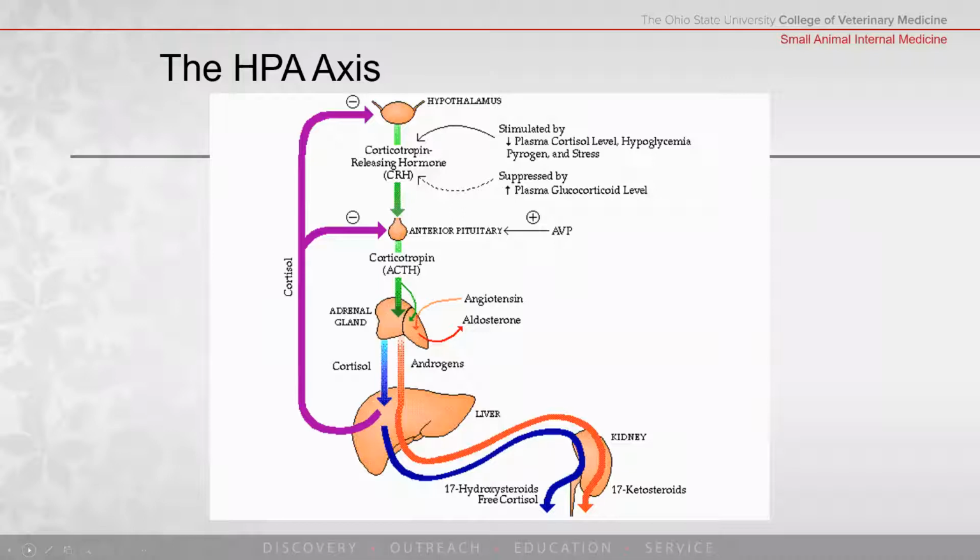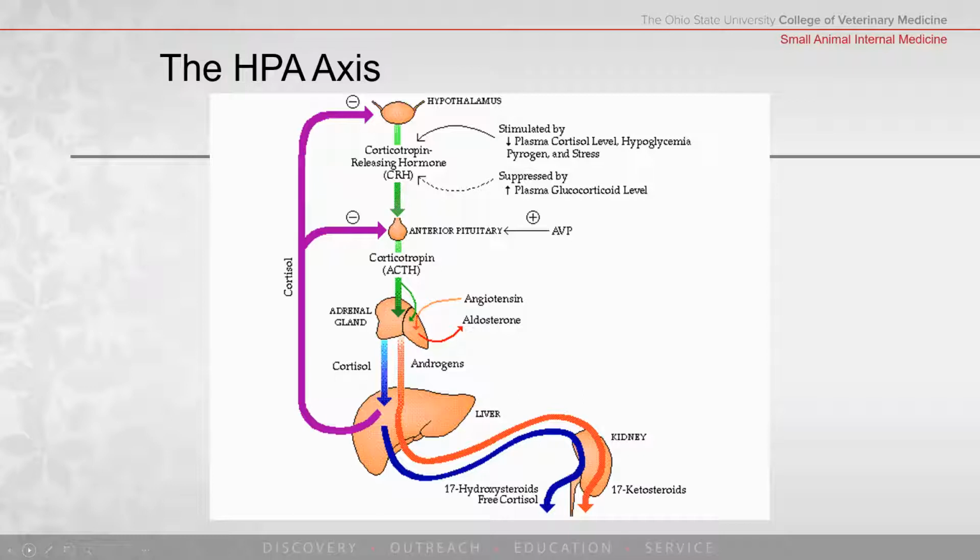The HPA axis. So the important thing about this whole process to remember is that the hypothalamus produces CRH, corticotrophin releasing hormone, which is stimulated by low cortisol levels, low blood sugar, fever, and stress. So that's where all of those things feed into.